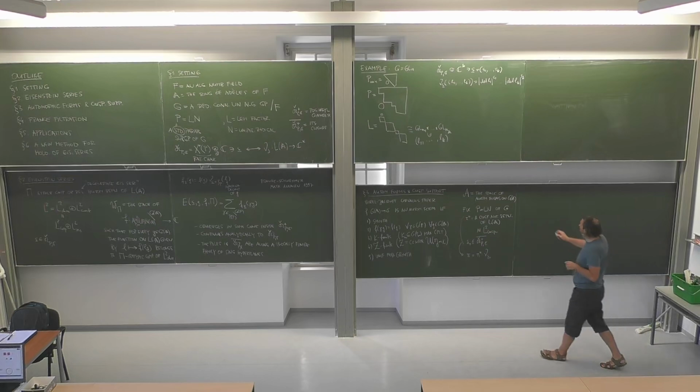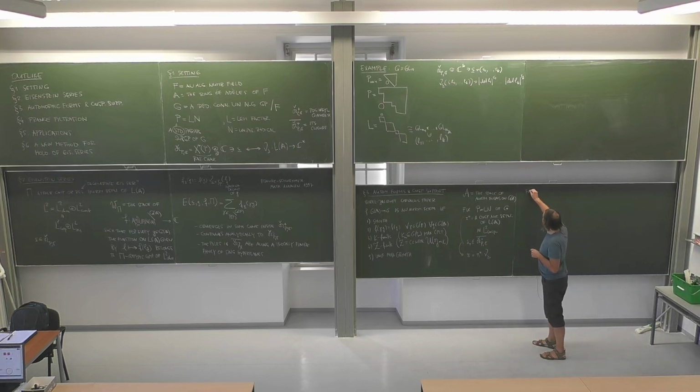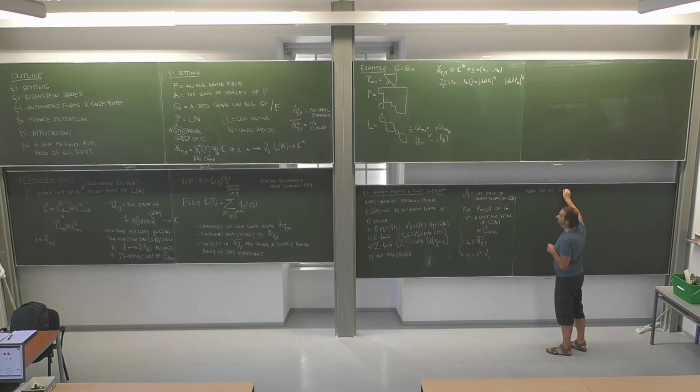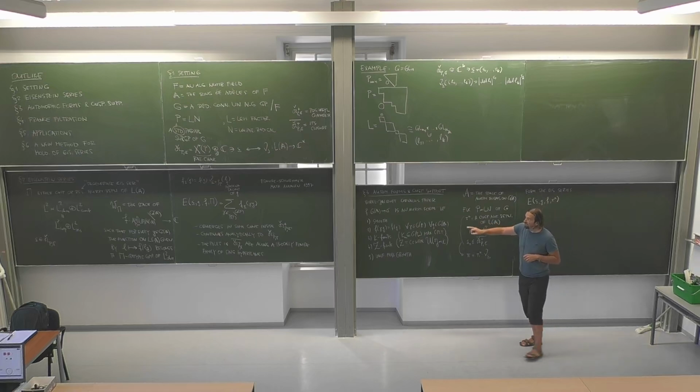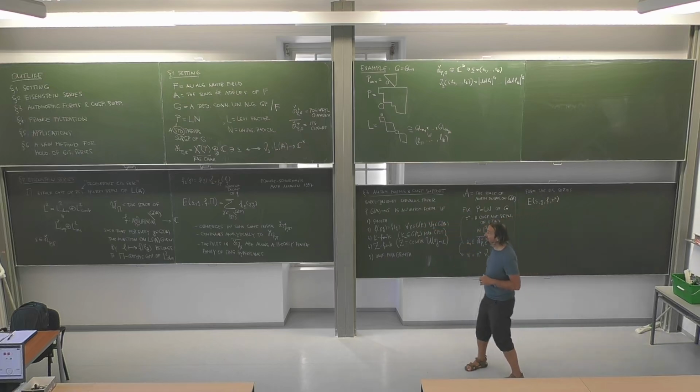And we can form the Eisenstein series E(s, f, G, P, pi_u) associated with this pi_u, just like in the construction before.